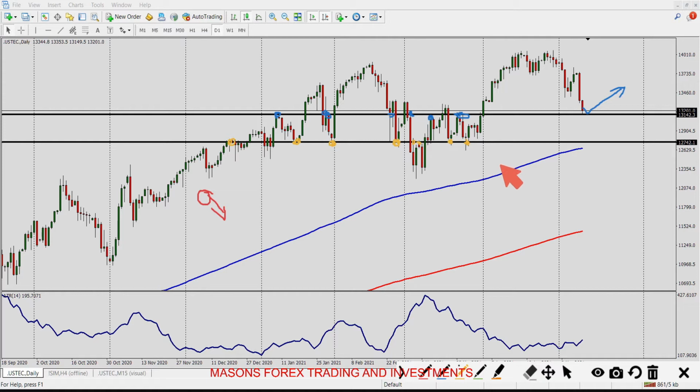Since we're favoring the upside, if price never gives us a potential candlestick formation here, or some indication that it might be going up, price can then further fall lower, come to this area here, and then go higher.